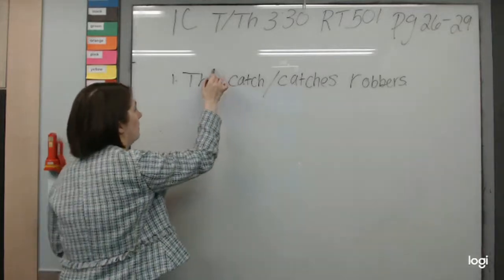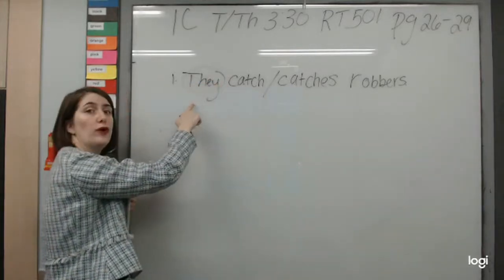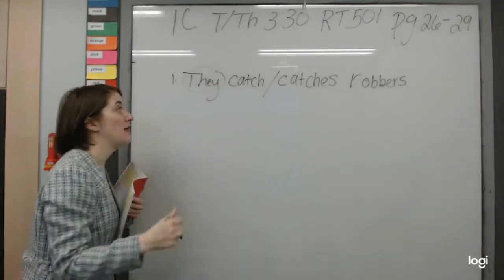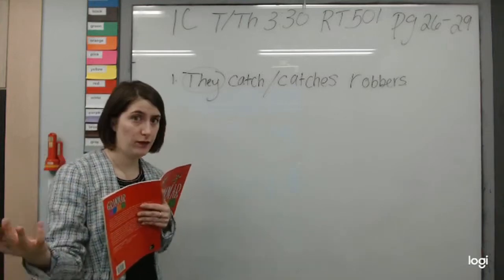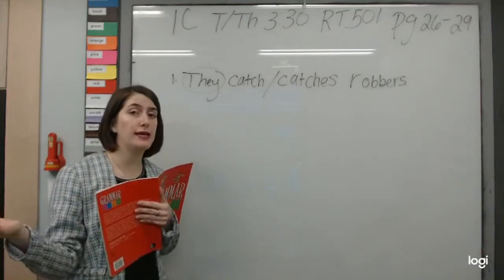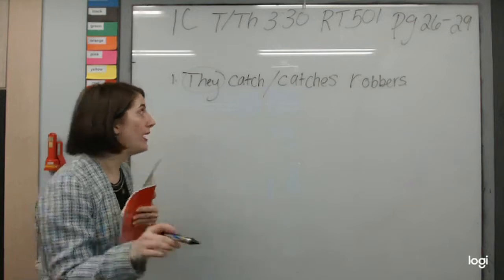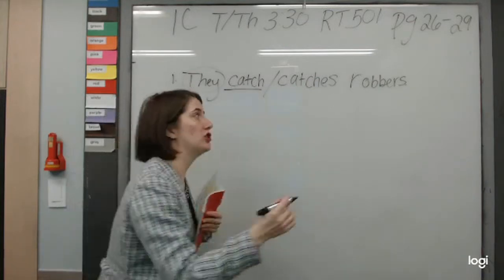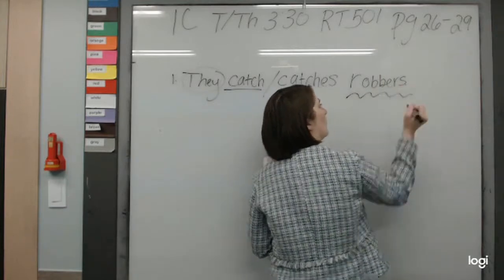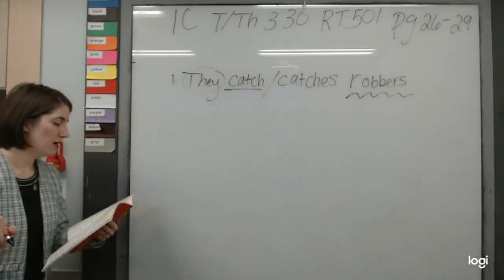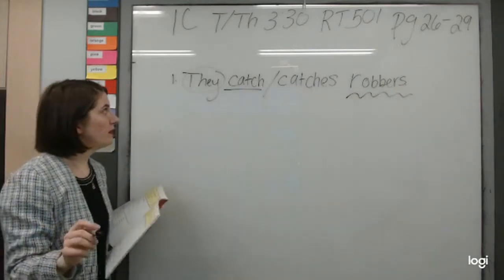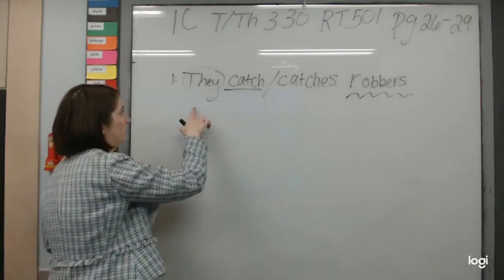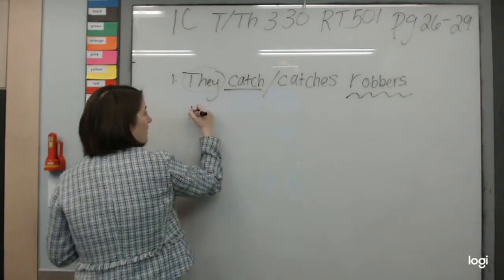So here, they, that's who is doing the action. They, many, right? So we remember we said if many, no S. So they catch, and what do they catch? They catch robbers.